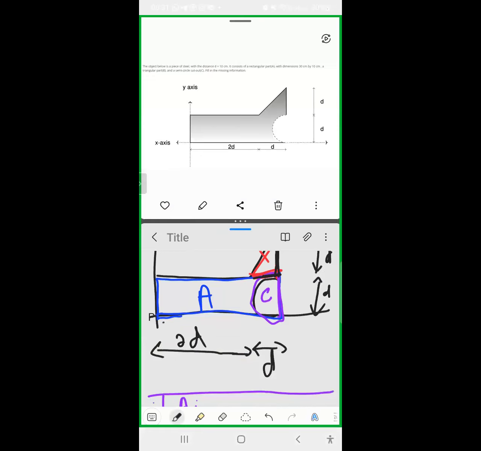Therefore, the area of this semicircle needs to be subtracted from the area of this rectangular part. So the area of this semicircle needs to be negative.